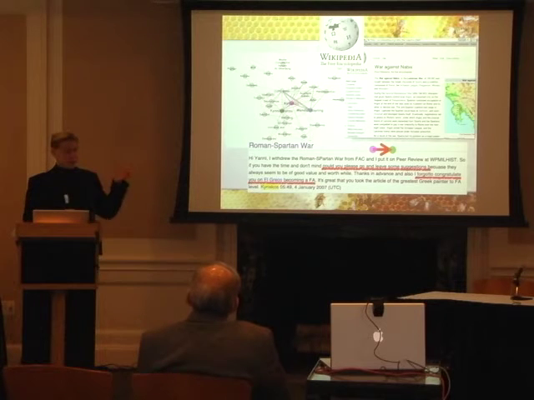Here we modeled interaction between Wikipedians by their user talk pages. That means when Wikipedians start fighting with each other, it's there for everybody to see. It's on the article talk page.